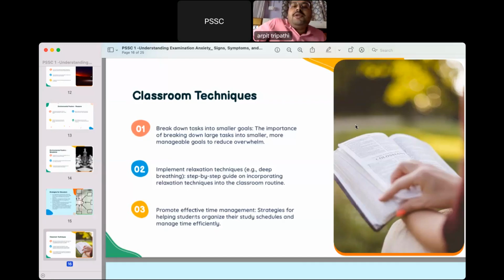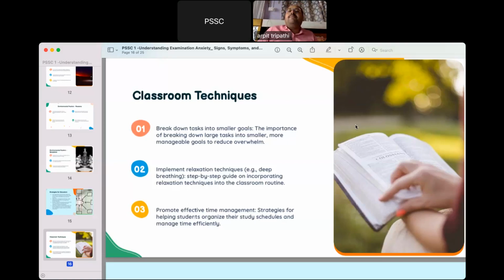For them, you need to divide the task into smaller groups. So maybe you are teaching A, B, C, D, E, F together. Teach A first, take a break. B, take a break. C, take a break. So that you can understand what kind of learner you have and what kind of ways you are going to use to deal with them.